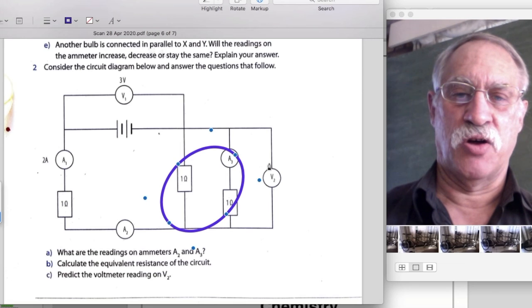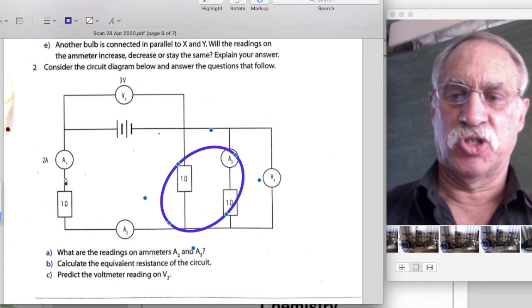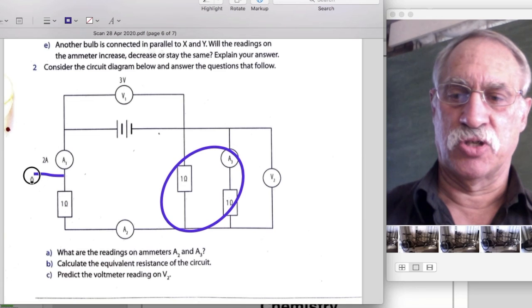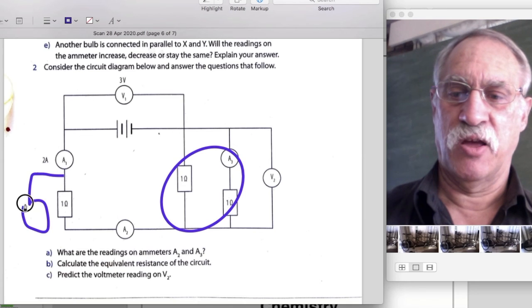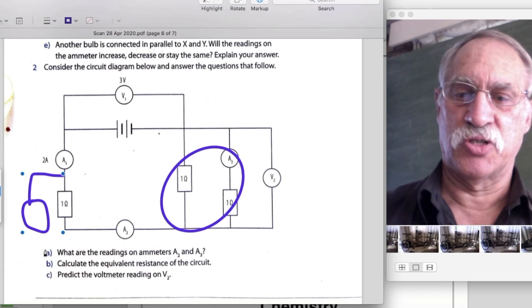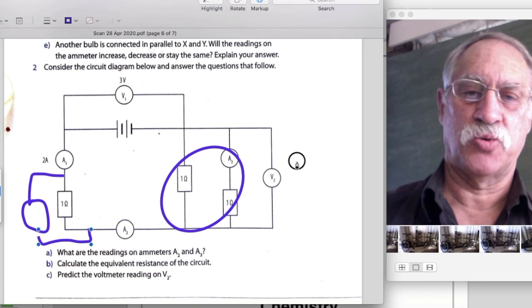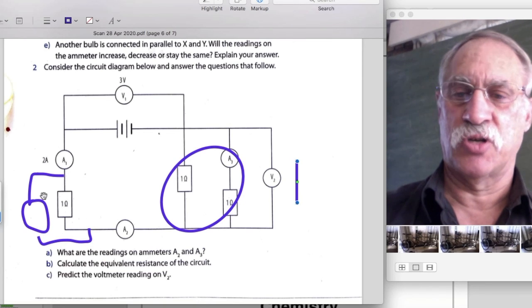So I know that this voltmeter, because this is only a half, it's going to get half the voltage of that one. So if there was a voltmeter across this one, it would have to be twice the voltage of that one. So this one I'm saying is going to be 1 volt, and that's going to measure 2 volts.